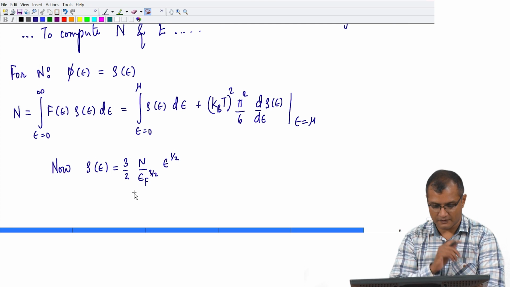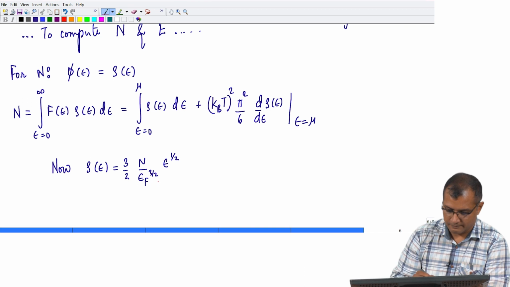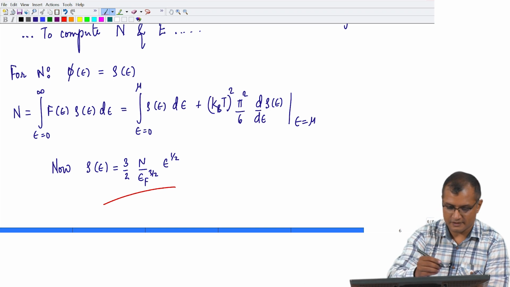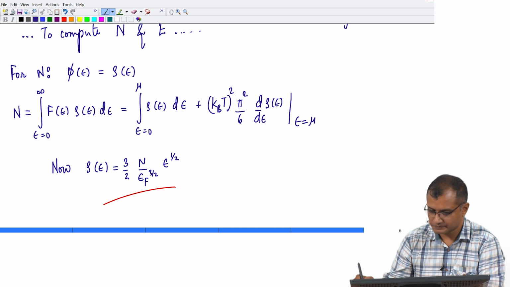So, since this is the density of states, what I am going to do is just plug this value in the previous equation.